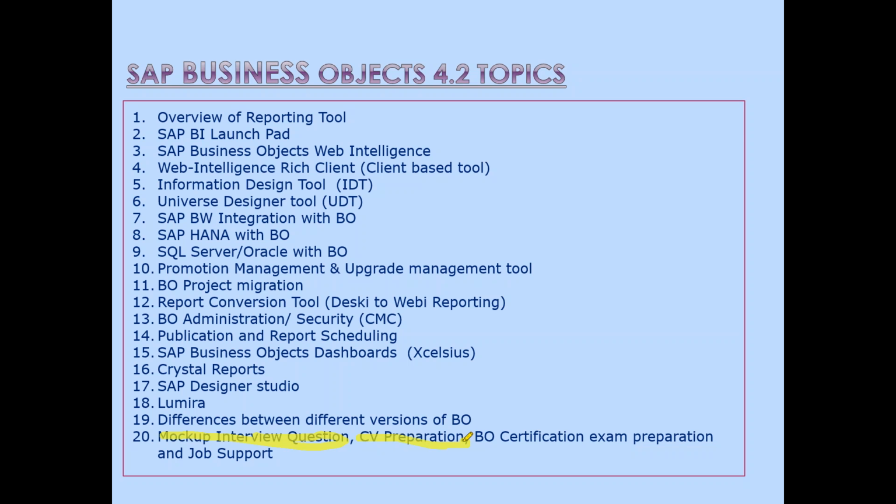And resume preparation. So as a 7 years or 8 years experience, or if you're trying to apply for a job with 10 years or 12 years experience, as a 12 years experience, what kind of roles and responsibilities you should have in your resume. Okay, so I'm going to explain the roles and responsibilities and you can keep those responsibilities in your resume.